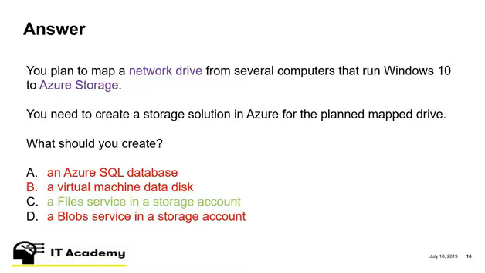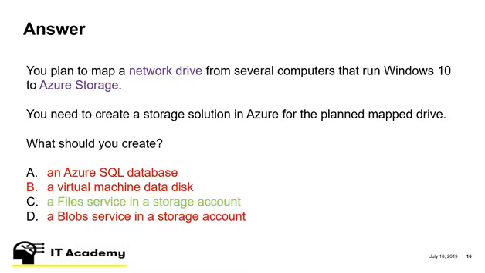Answer D is incorrect because blob services can't be communicated with over server message block. If I want to read, write, delete, move files into or out of blob storage, I need to be using RESTful API commands to do that. Blob storage is there for applications to store data and files in, not to map a drive to.